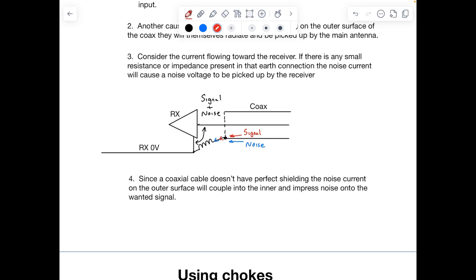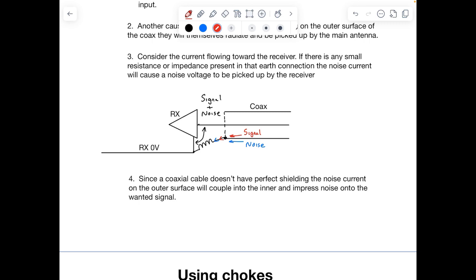The fourth mechanism is to do with the imperfect shielding of a coax. And if we read comment 4, since a coaxial cable doesn't have perfect shielding, the noise current on the outer surface will couple into the inner and impress noise onto the wanted signal. I guess it's easier to consider that if you're actually transmitting from a coax, you can somewhat imagine that if you get a small pickup loop by the coax, you will actually pick up quite a bit of signal. And I think we all realise that coax doesn't completely contain the transmitted signal.